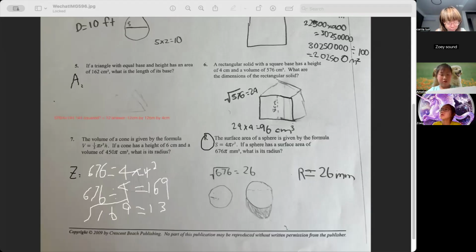Oh, I didn't notice I have another thing there. Oops. Let's see. 13.